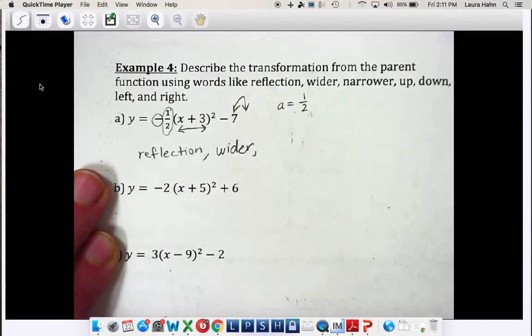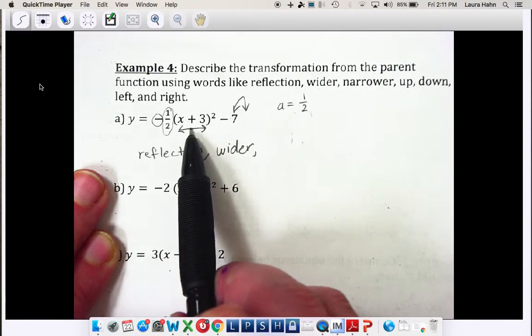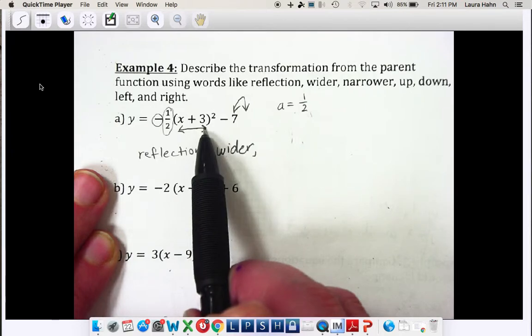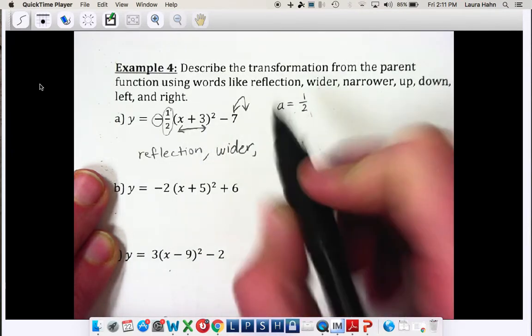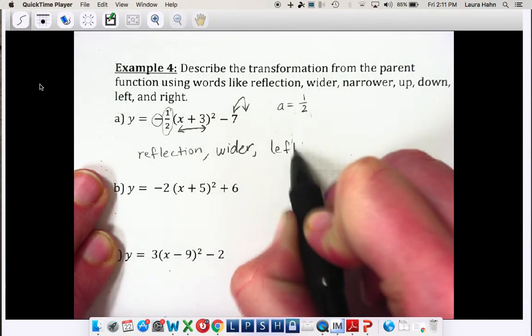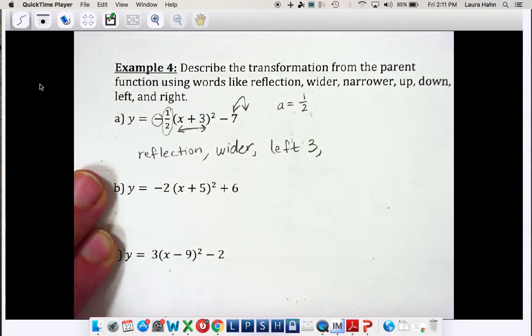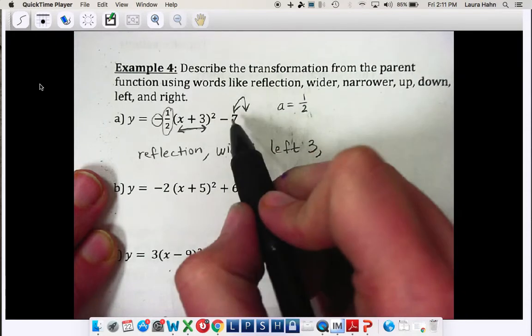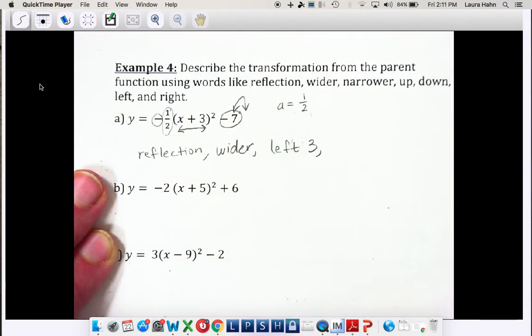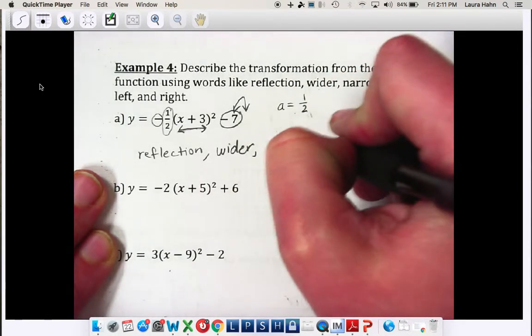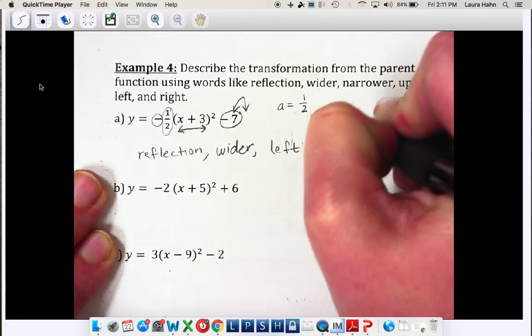Well, we have to remember that x's are liars. So if I'm adding, naturally I would think go forward, but since it's a liar, I know it's actually going to go to the left 3. And then finally, this guy at the very end is affecting the y. The y's don't lie to us. So I know if it's a minus 7, it's going to be moving it down 7.